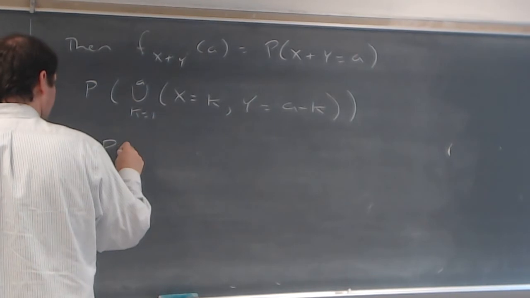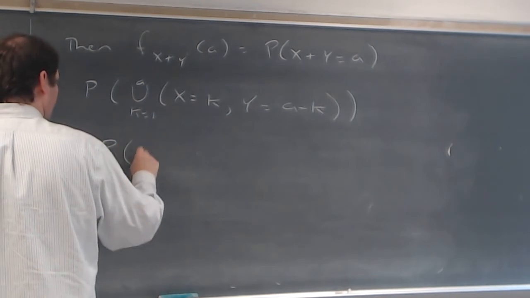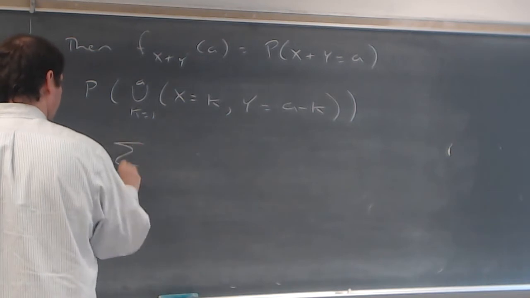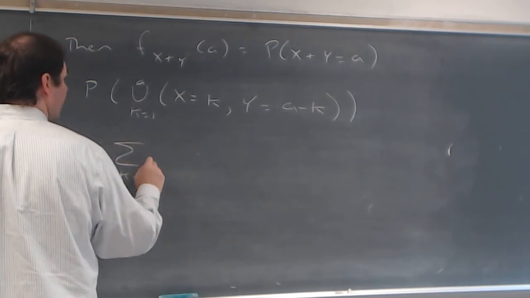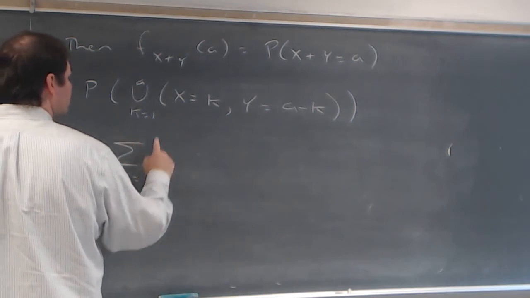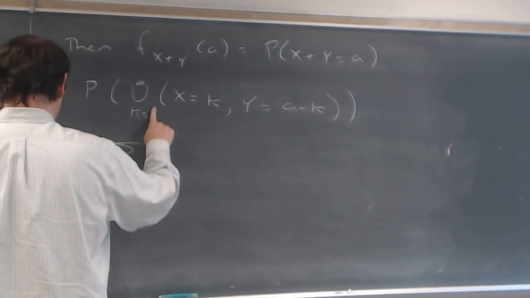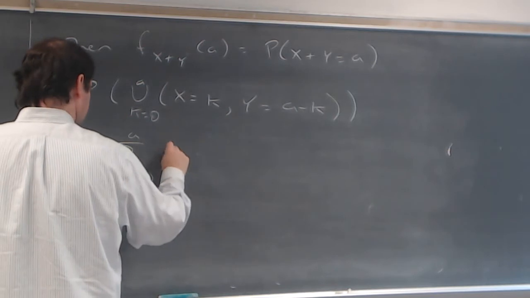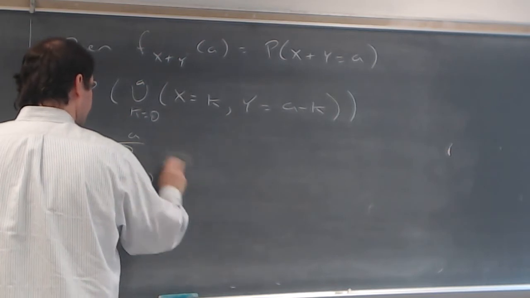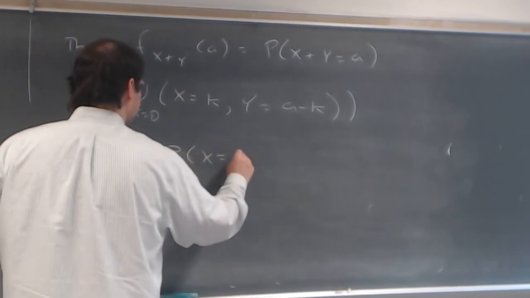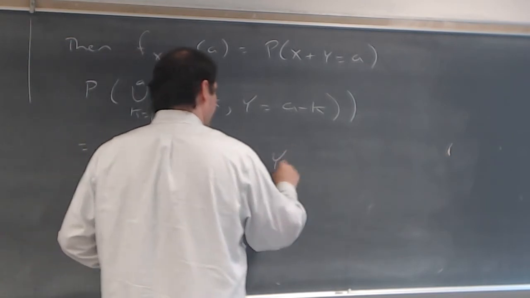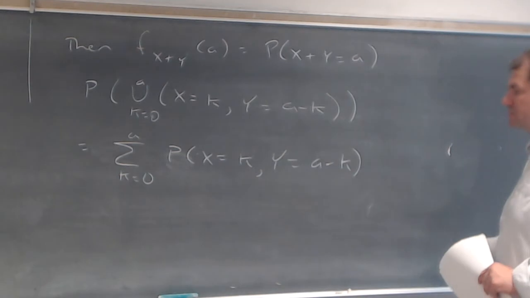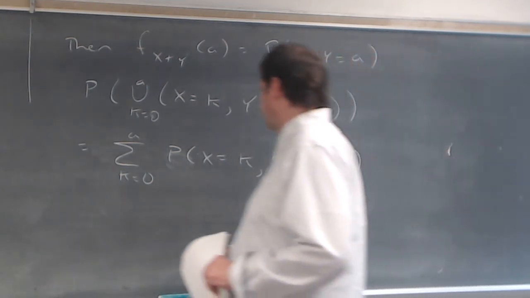So that's equal to the sum, I should say, as k runs from, let's say, I think I should have started at 0. Yes. K runs from 0 to a of the probability that x is equal to k and y is equal to a minus k. That's the sum of those things.